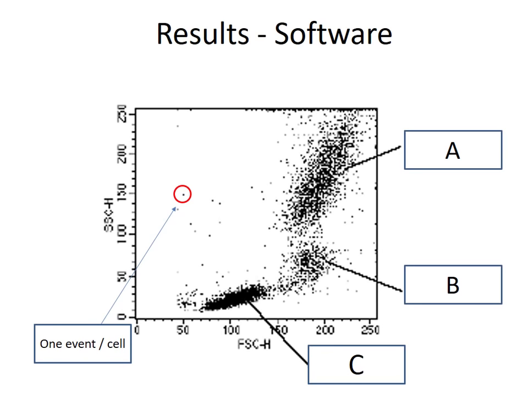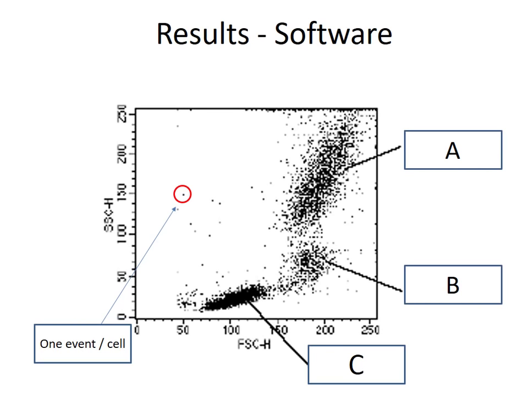This is the results you get at the end. It's a scattergram. Okay? And what you have here, despite the resolution being poor, is side scatter, and along the bottom you have forward scatter. Okay? And each single spot on that graph represents one cell.